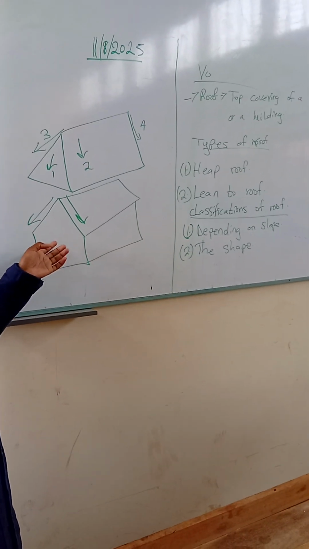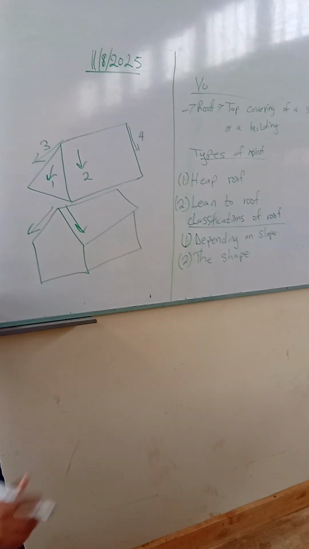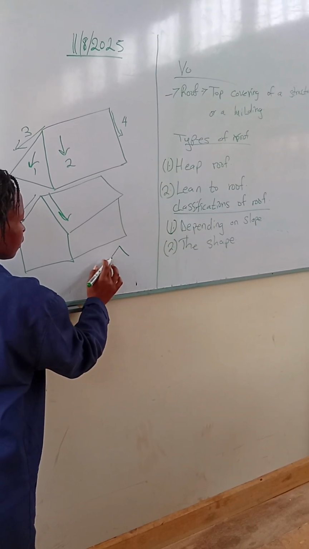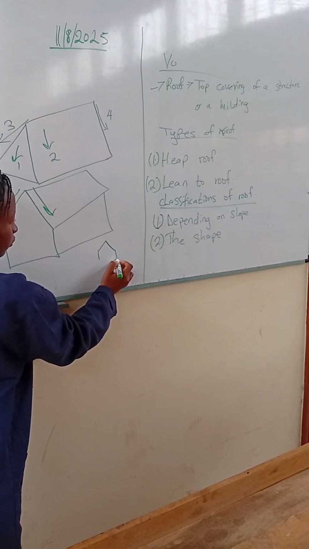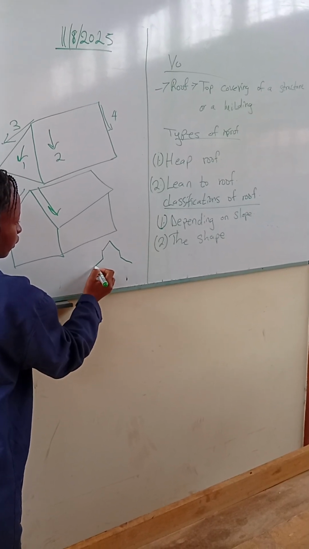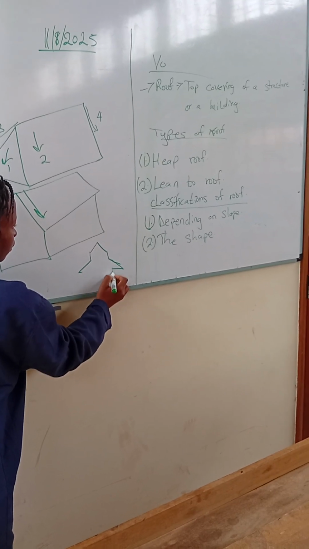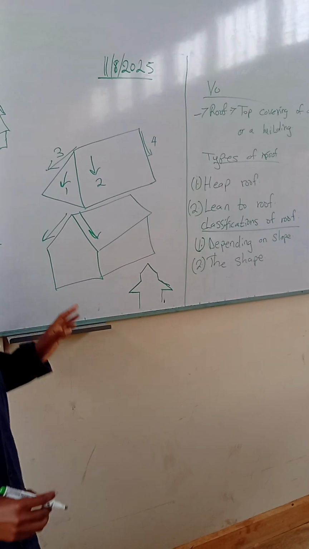You can have the triangular ones. You can have some that look like a pyramid. Then it continues. So this becomes a roof. Like that. So that's all.